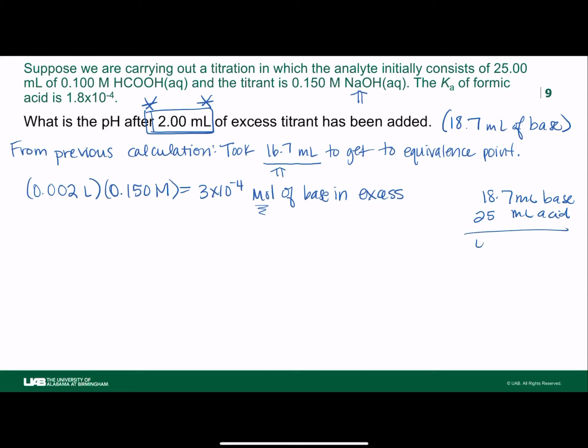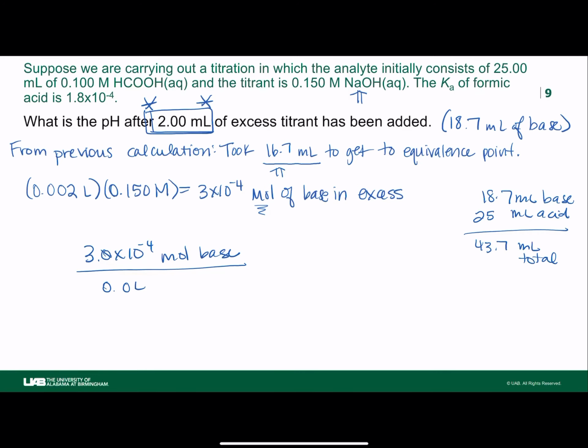And that gives me 43.7 milliliters total that are floating around in that flask. So there are 3 times 10 to the minus 4 moles of base floating around in a total volume of 0.0437 liters.